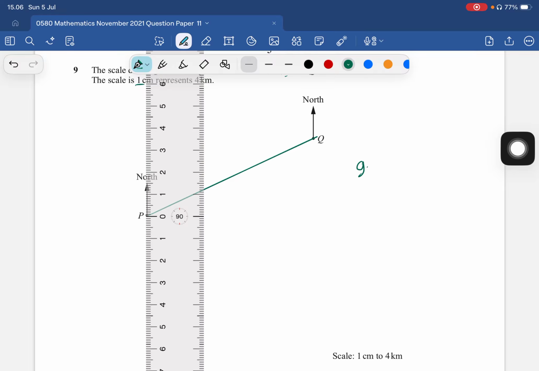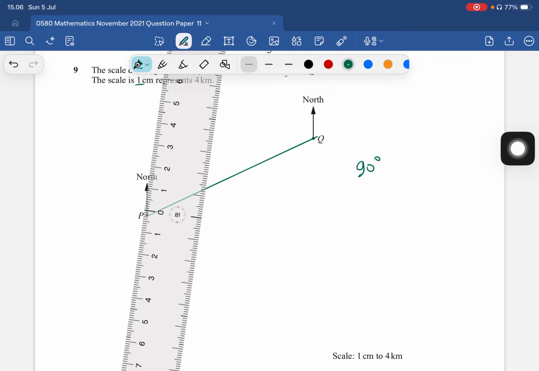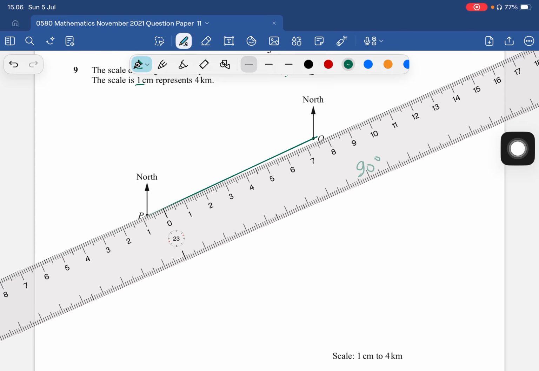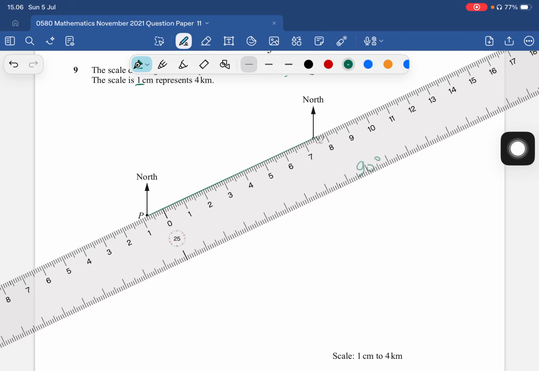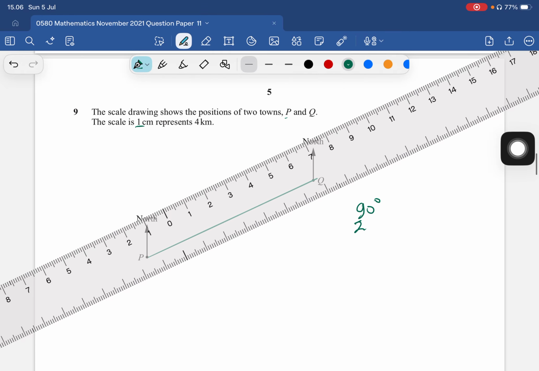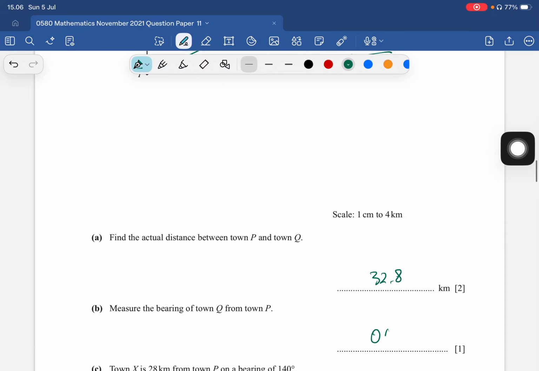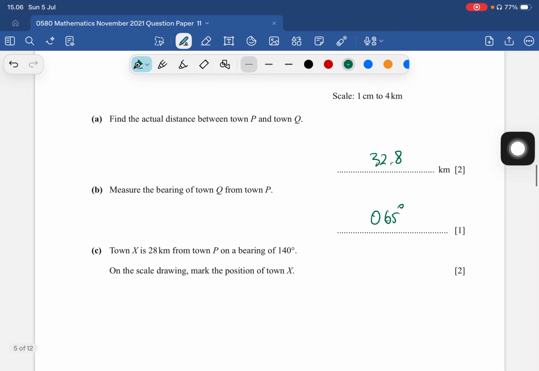Here is 90 degrees, starting from 90 degrees, so we are going to subtract later on. 90 degrees, we subtract 25, so you get 65 degrees. As the bearing, we need to make it 3 digits, so this is 065 degrees.